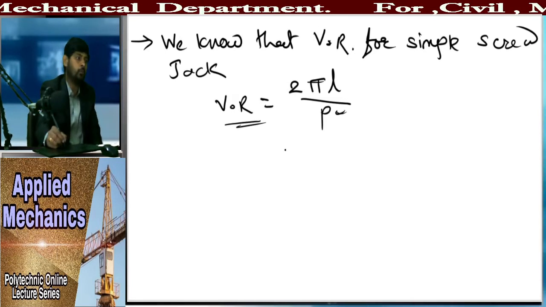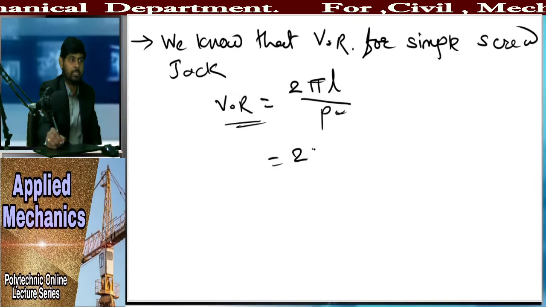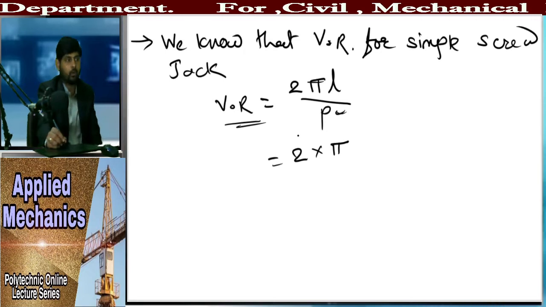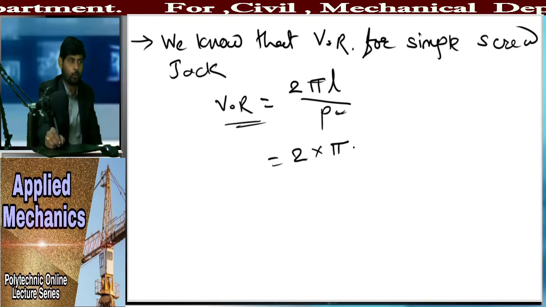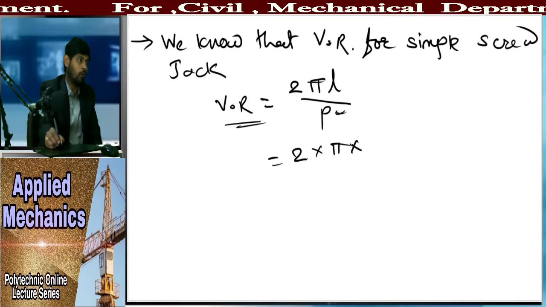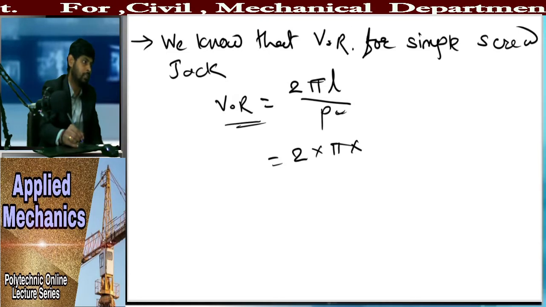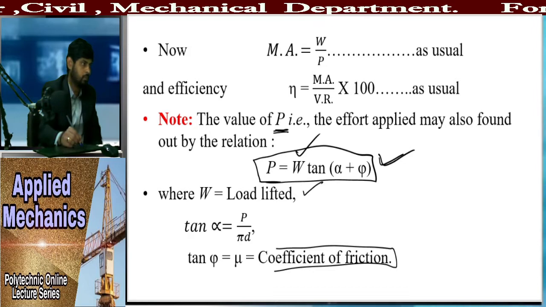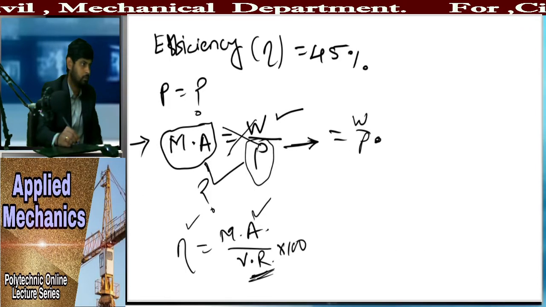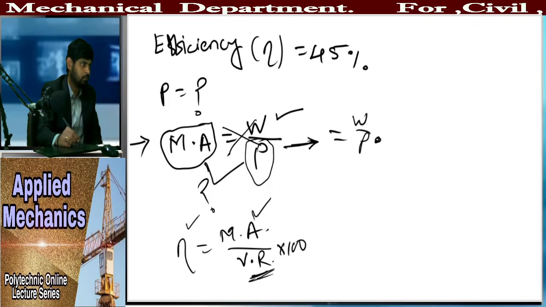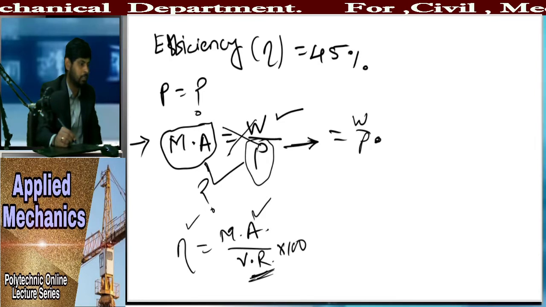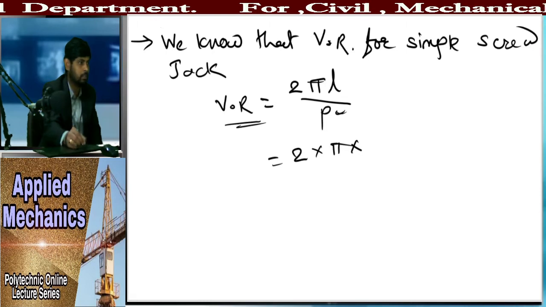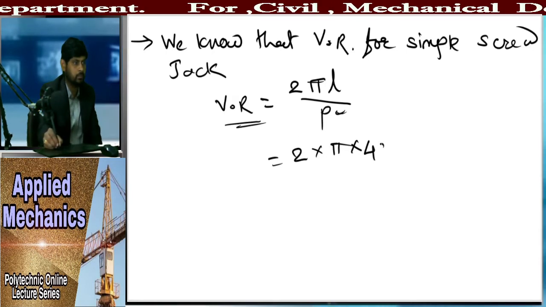Now put the value 2 as it is. The value of pi you can put directly in your calculator, or you can take 3.14. The value of L is nothing but 400.